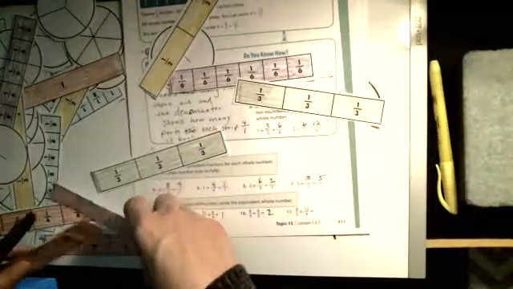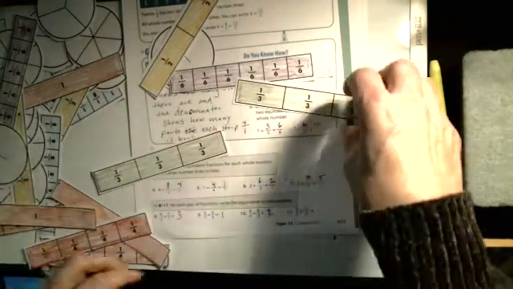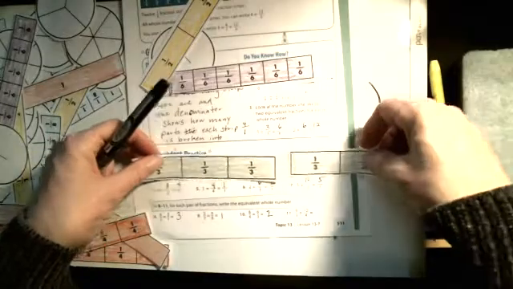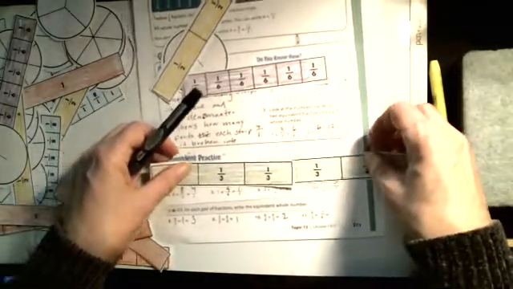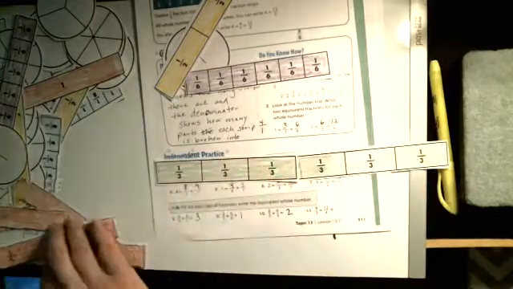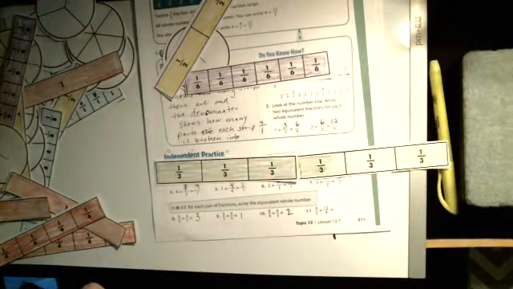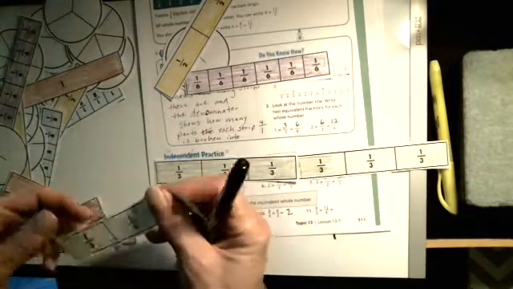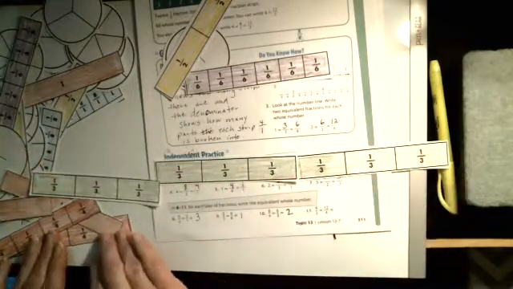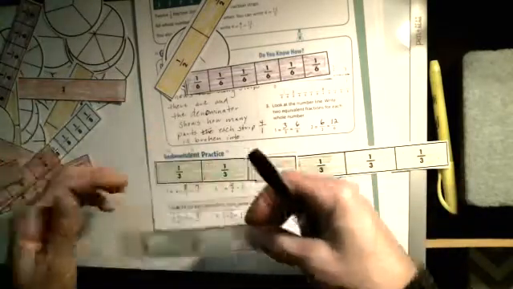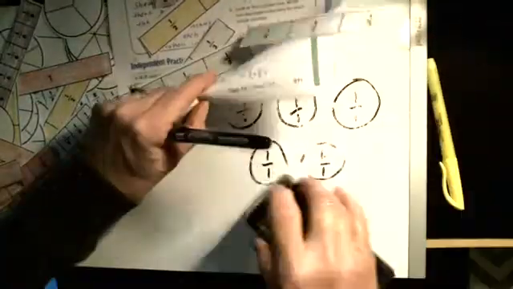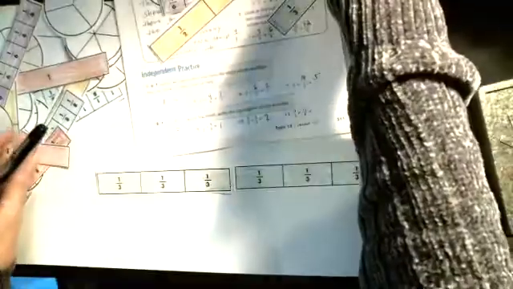Thirds and fourths again. Good, because I have them out. Alright, so now they want 9 thirds. 3, 6, 9. How about if I do this to make it easier for you to see it? 3, 6.